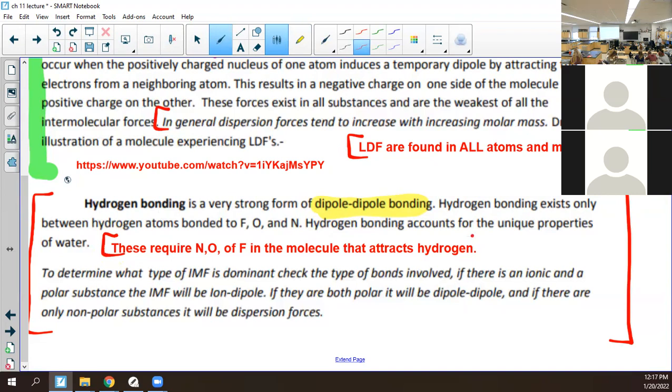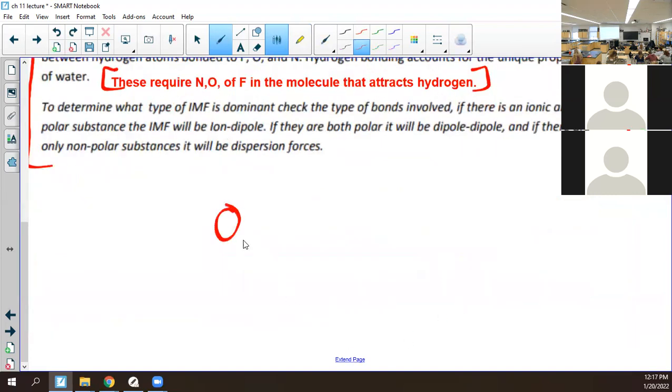What that means is the hydrogen has to be bonded to one of those 3 things. So in water, we know it has hydrogen bonding, and that's because the hydrogen in one is bonded to an O, and the hydrogen in the other is bonded to an O. So there would be hydrogen bonding here.